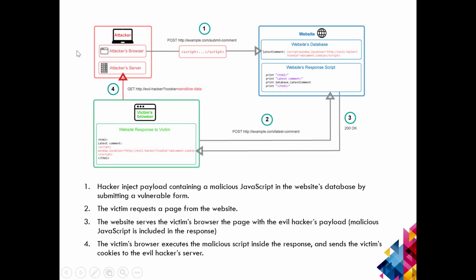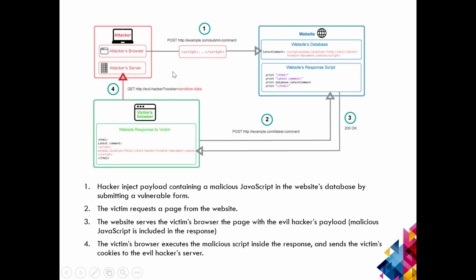The attacker sends the script and then the user requests the page. The website serves the victim's browser the page with the evil hacker's payload. Number three, the script captures all of the information keyed in by the victim's browser, and then sends it to the attacker's server, and the data is captured by the attacker.